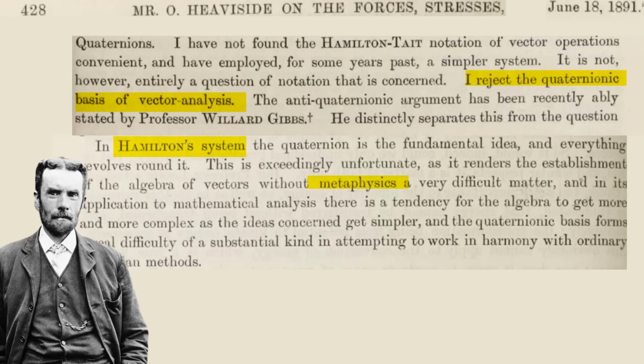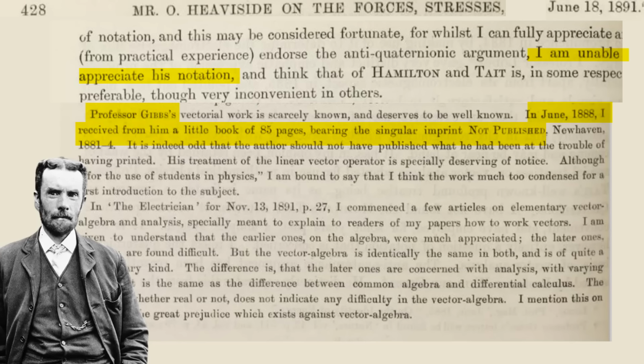Then in June, Oliver Heaviside added fuel to the fire in an article titled On the Forces, Stresses, and Fluxes of Energy. In this paper, Heaviside stood up and added that he rejected the quaternionic basis of vector analysis, and that Hamilton's system was metaphysics. Although Heaviside still rejected Gibbs's notation, despite the fact that Gibbs showed him his obviously superior notation 3 years earlier in 1888.